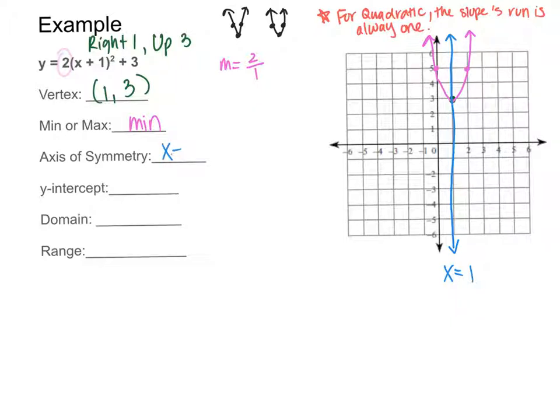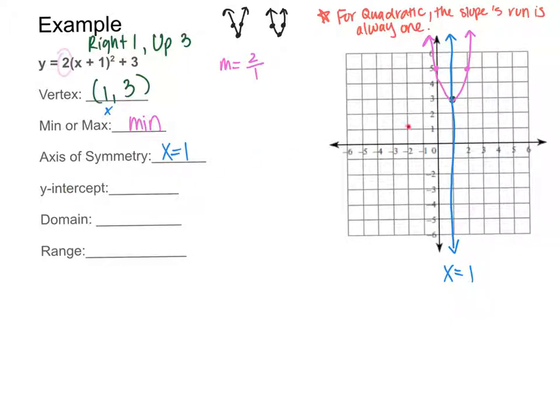I also like to mention, if you guys are starting to notice this pattern, that the axis of symmetry x value is always the same x value as your vertex. I hope that highlights a few things here. It's always the x value of your vertex.